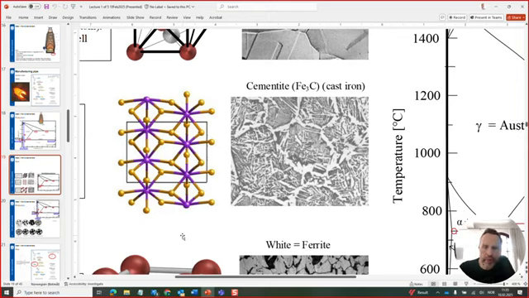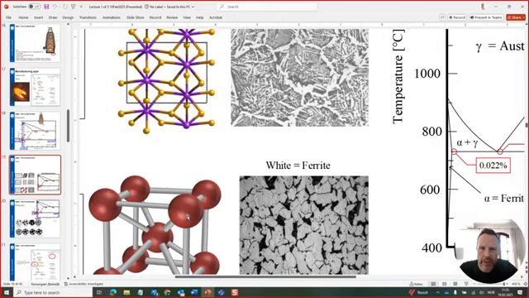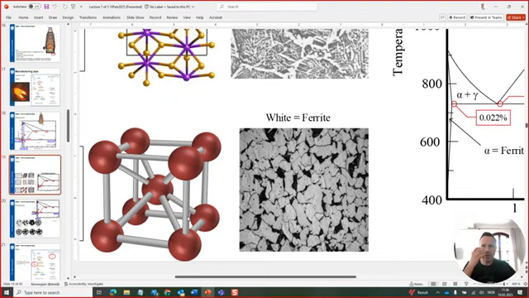The purple atoms being carbon, and they go into the lattice with steel. So that's why it has this strange brittle and specific nature of cast iron. The BCC structure that we see here is ferrite, and we see the grain structure of it, the white part being ferrite.